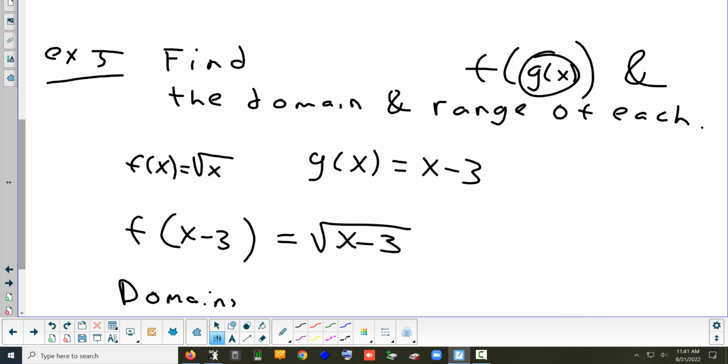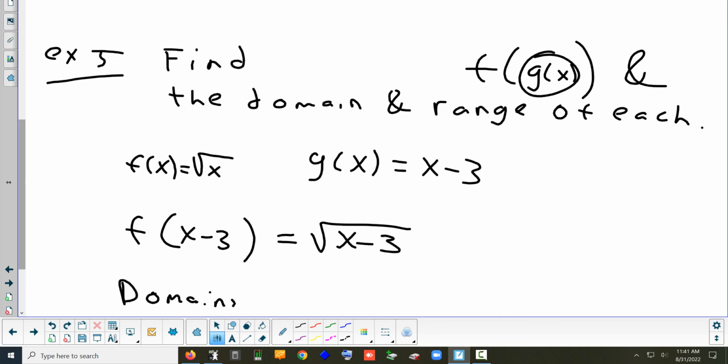Are there any restrictions on the domain? I don't know. No, but for the composition there is. Right. For the original inside function, the answer is no, because g of x is just x minus 3. You can subtract 3 from anything you want. So the inside function doesn't help you at all to find the domain this time.